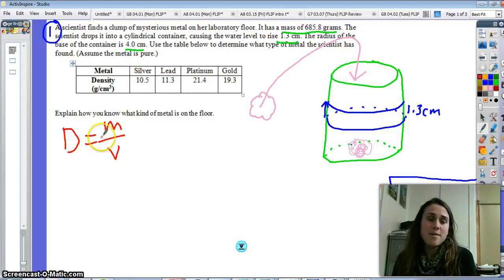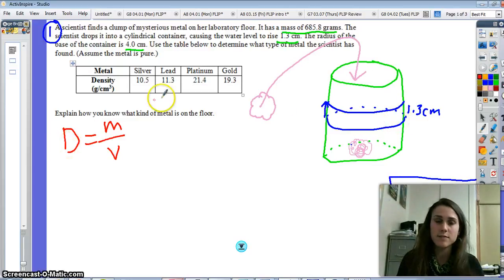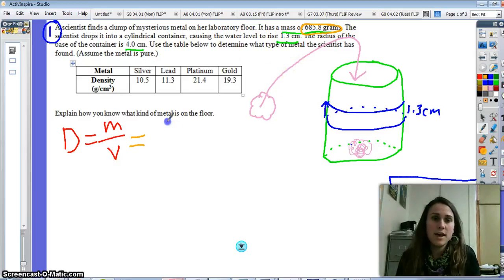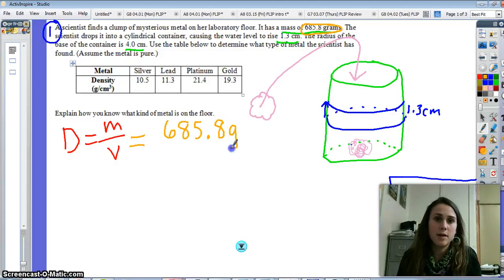If I can figure out the mass of this metal and the volume of the displaced water, so that disk of water, I can figure out the density of this metal. So let's see, mass of the metal. Oh, it tells us. Oh my gosh, it's so important to read the problem. It says this metal weighs, if you were to put it on a scale, it would weigh 685 and 8/10 of a gram. And I'm including my unit as a G.